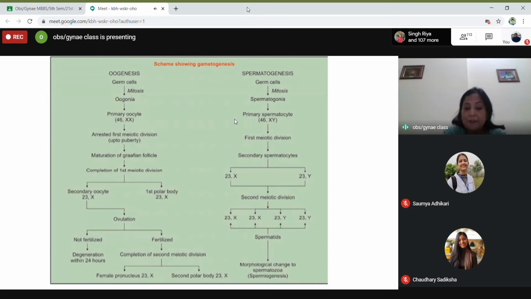At this time, some follicle cells come around the primary oocyte.